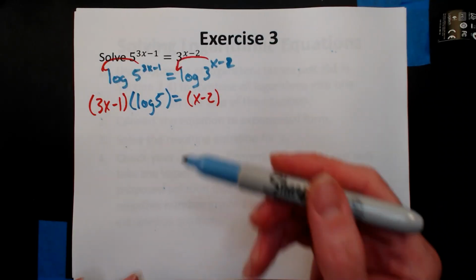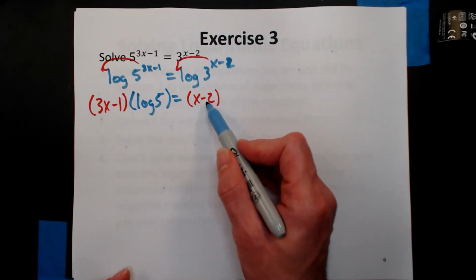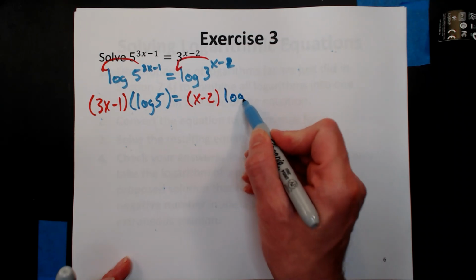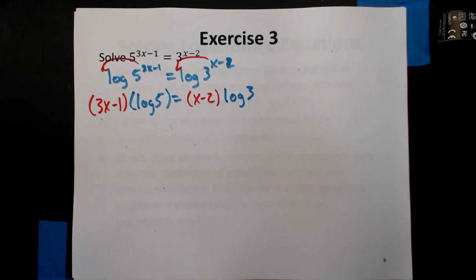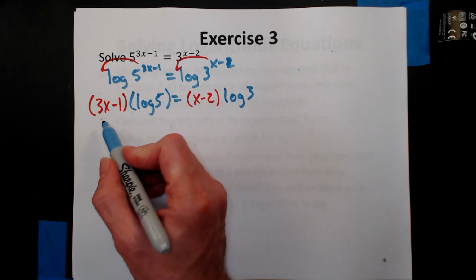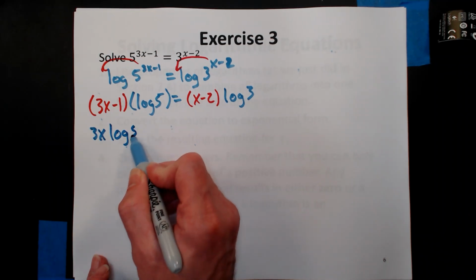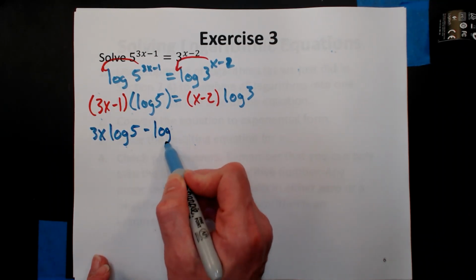I'm going to have 3x minus 1 times log 5 equals x minus 2 times log 3. Easiest way to figure this out is to distribute the logs, so I'm going to write this all in one color, where I'm going to have 3x log 5 minus log 5. So I've just distributed.